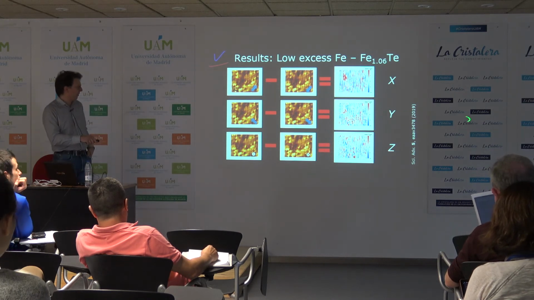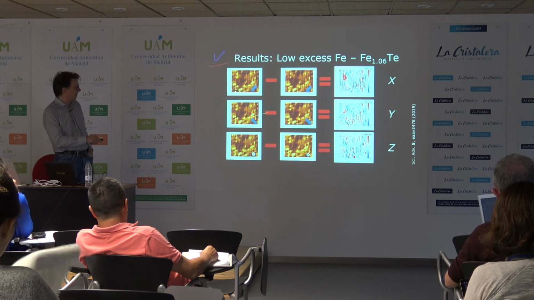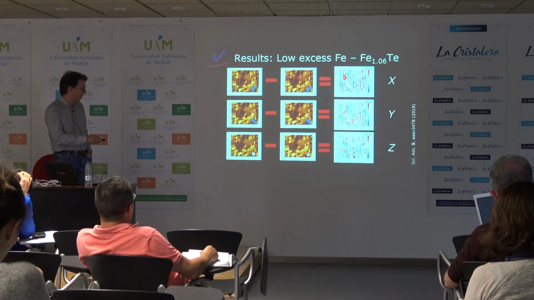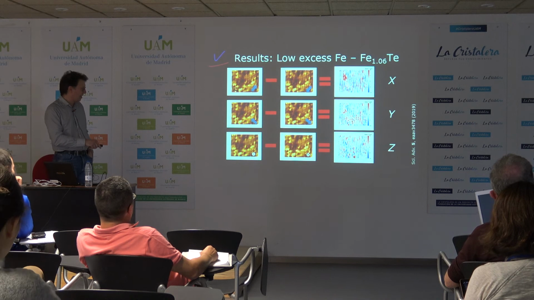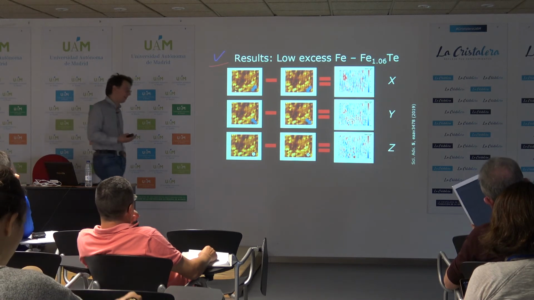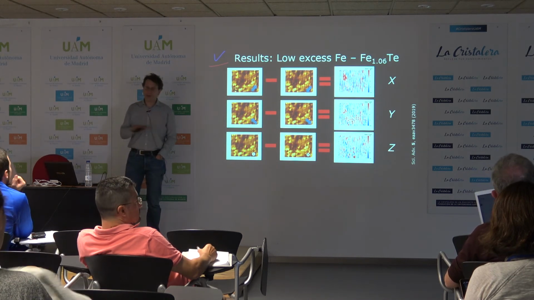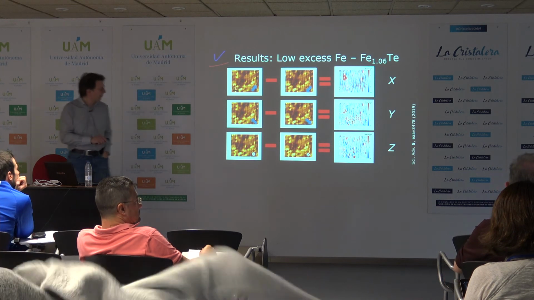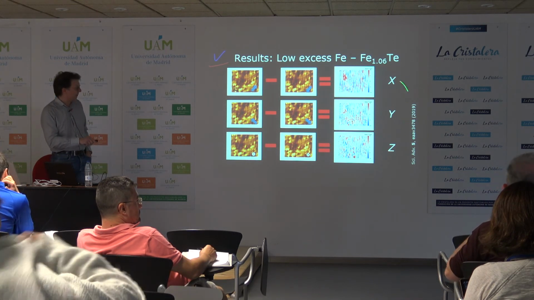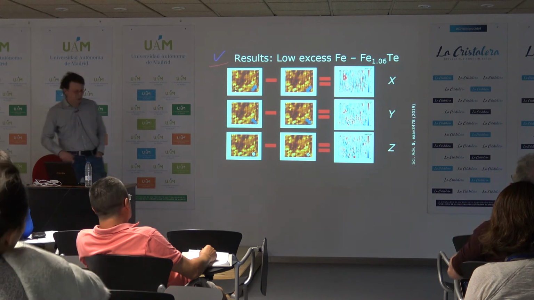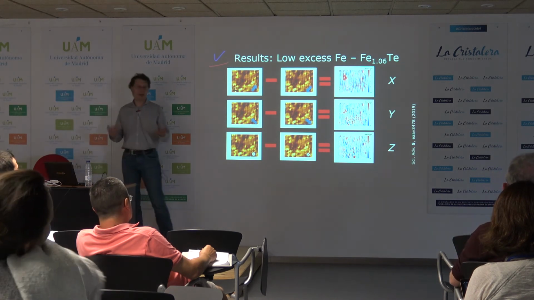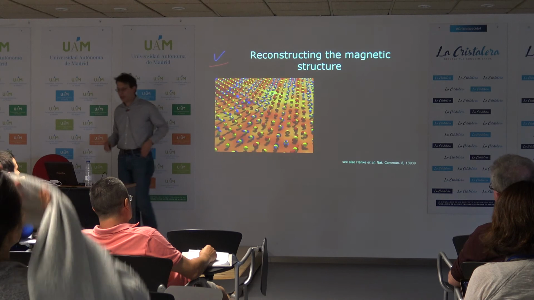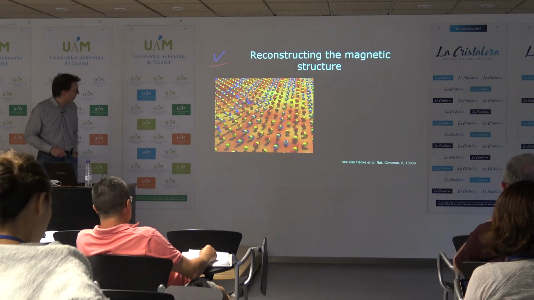Then we do the same thing, applying the field in the plus y and minus y direction and get the difference image, and then the plus z and minus z direction and take the difference image. All with the same tip. And from that we get these 3 spin-polarized images of the magnetic contrast of the surface, and then we can basically use them to reconstruct what the magnetic order in the material looks like.